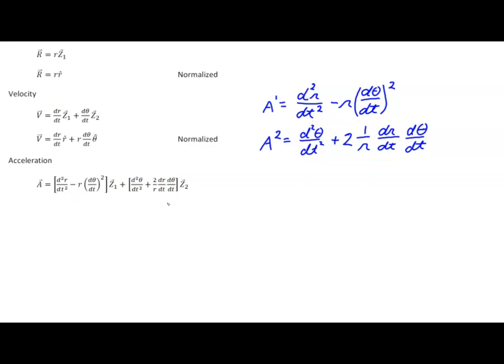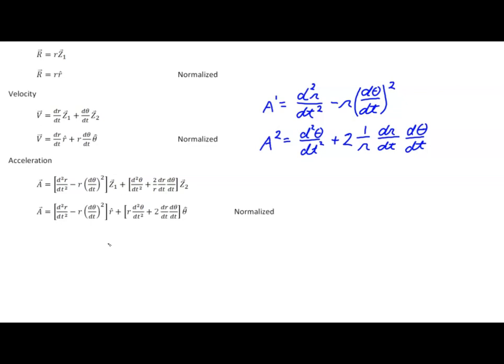Okay, and finally to normalize it, as before, we can replace this with r hat and replace this with r times theta hat, giving us this expression. This expression is the same as this one. The terms are equal. But here we pick up a factor of r, and this factor of r here drops out of this expression. So these then are the proper expressions for the acceleration vector.